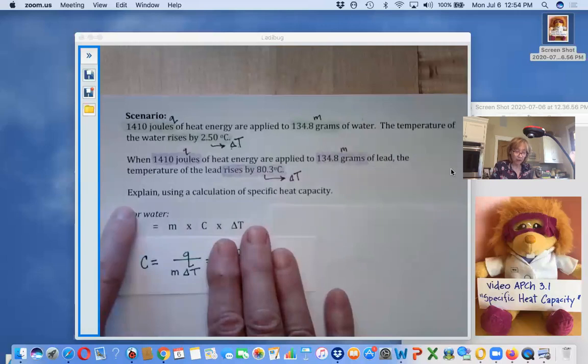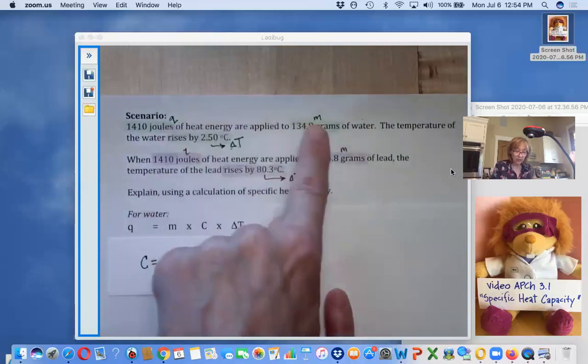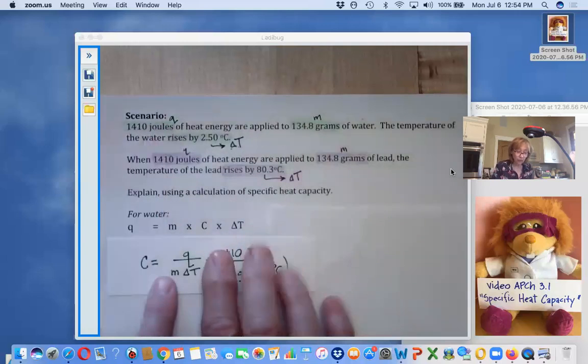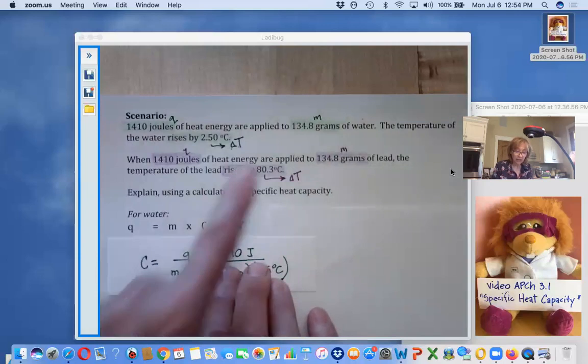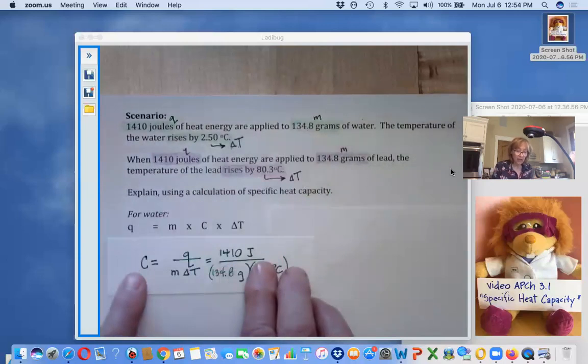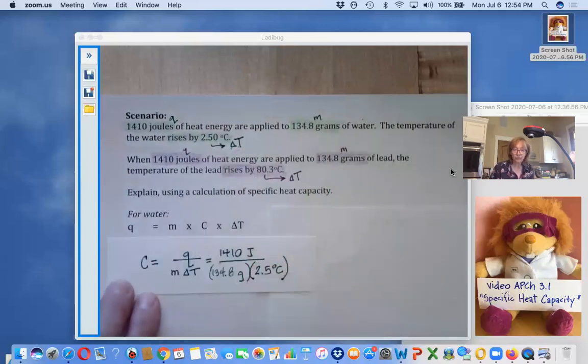Now, for water, I'm going to substitute in this value of Q and the value for the mass and the temperature change. And then I grab my calculator, 1410 divided by, parentheses down here, the product of 134.8 times 2.5, close parentheses.